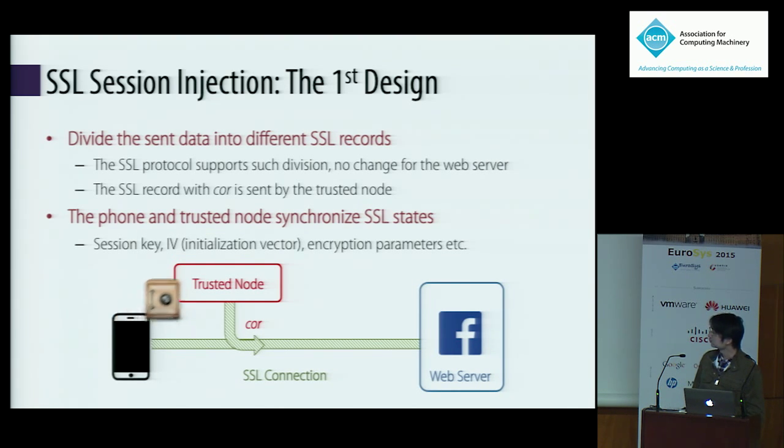Once it needs to send cor data, it will be migrated to the trusted node, and the SSL state will be synced from the phone to the trusted node. So the trusted node will send the data on behalf of the phone. After that, the application will be migrated back to the phone, as well as all the SSL state, to finish sending all the rest of the data.